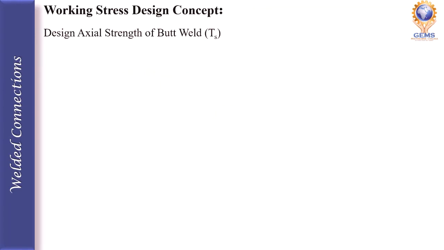In the working stress design concept, the design axial strength of butt weld is equal to the effective area into the permissible axial stress in weld, sigma tf. This Ae is effective length into throat thickness into sigma tf.